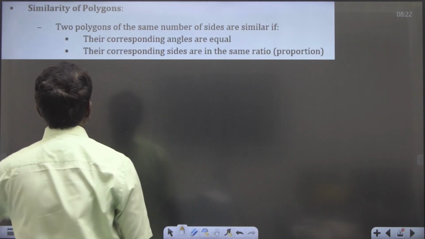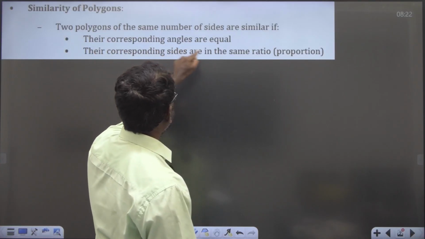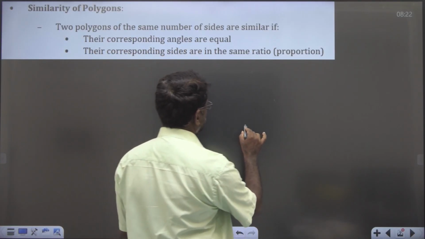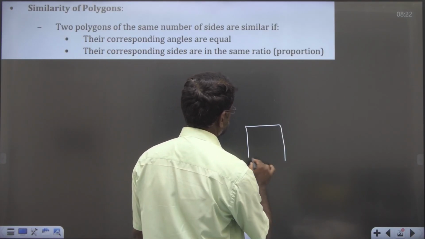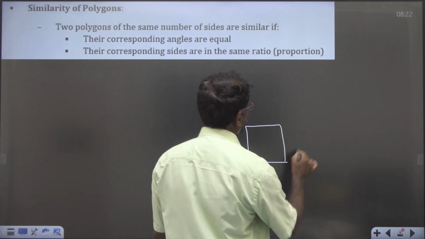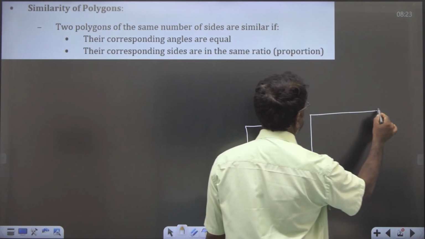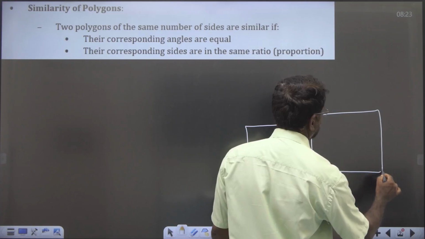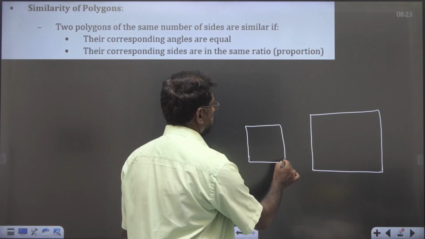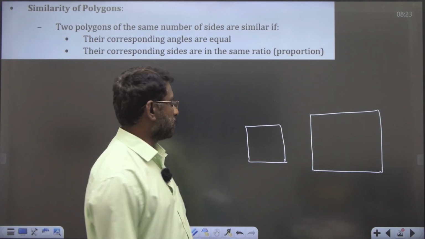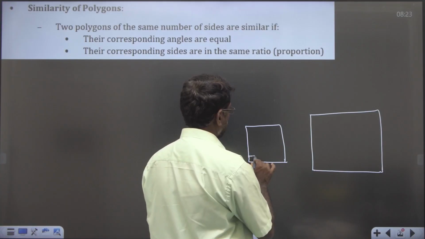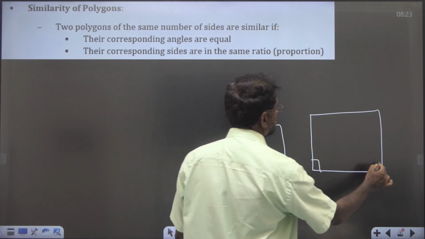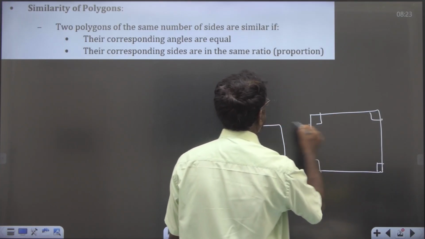Similarity of polygons: two polygons of the same number of sides. For example, this is a square and this is also a square. These two figures are similar because all angles are 90 degree.